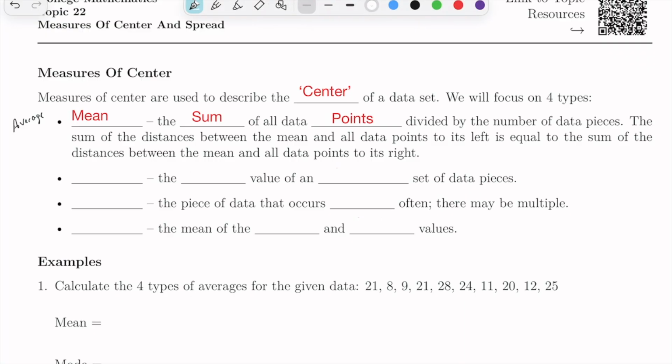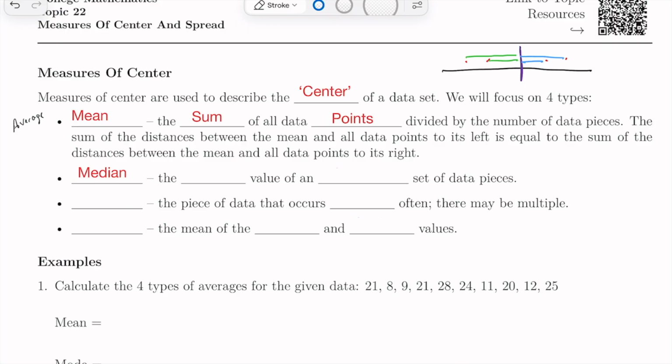Now that may seem a little bit convoluted, but all it means is if we have a couple data points and we would say the mean might be right here in the middle, if I were to find this distance and this distance and compare that with this distance and this distance, the sum of the green lines and the sum of the blue lines would be the same. And so the middle, where that purple line is, that's the mean. All right, most people just know add them all up, divide by the number of numbers.